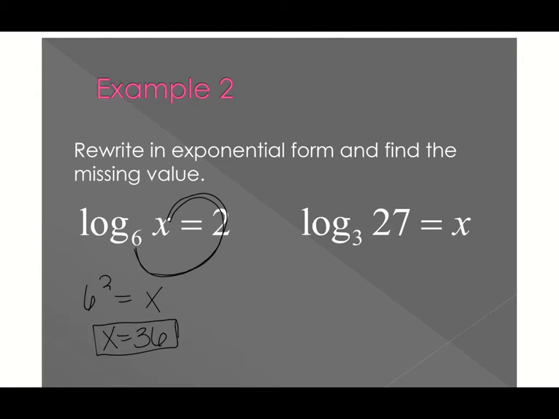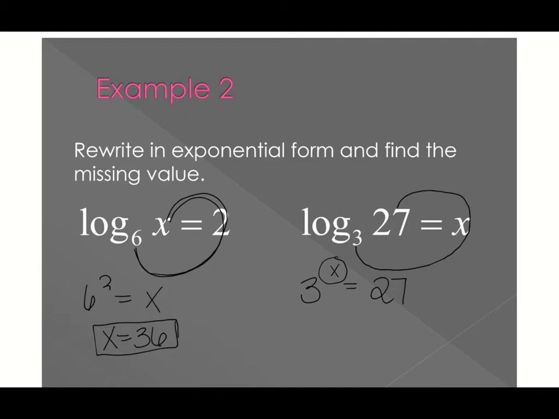If I were to look at the second example, I have a base of 3, so 3 to the x equals 27. I want to think, 3 to what power equals 27?